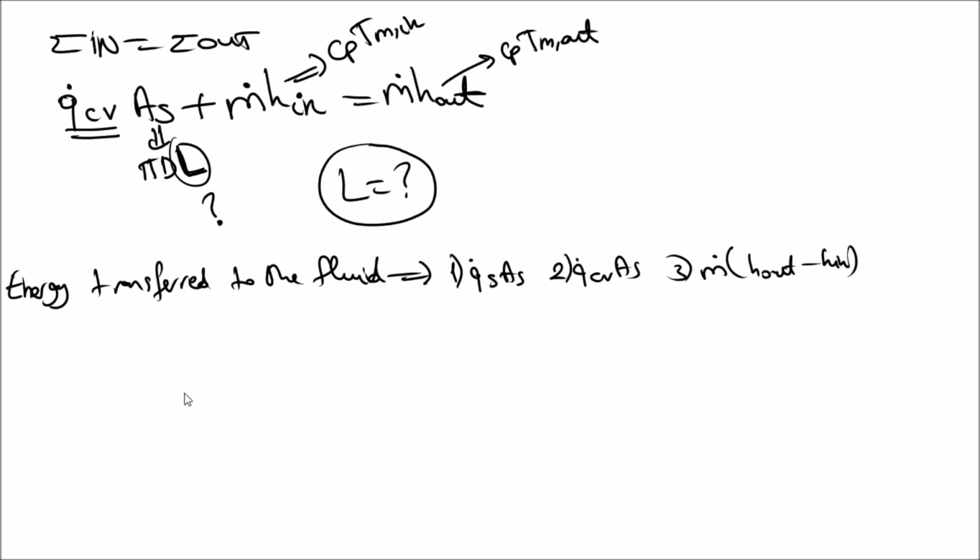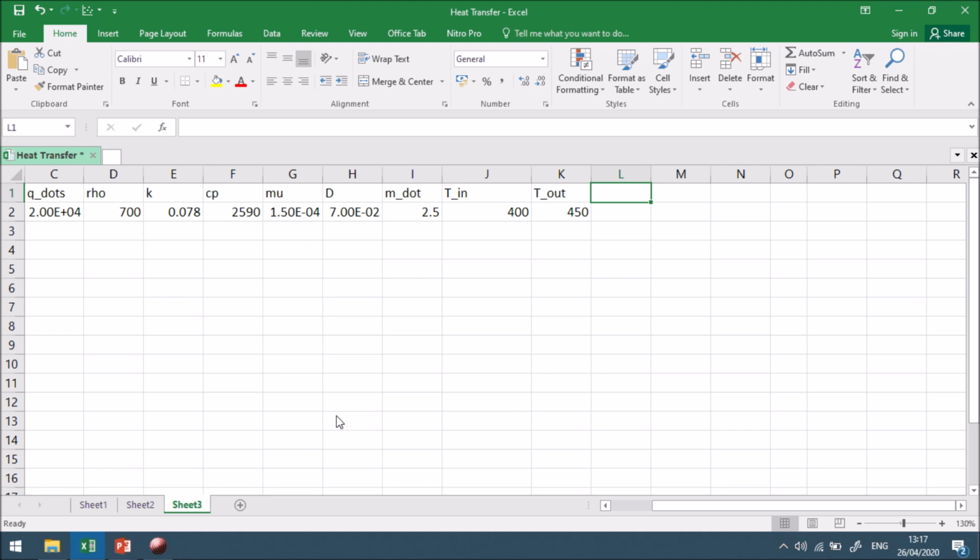So you will have L equal to m dot enthalpy out minus m dot enthalpy in, divided by Q dot CV into pi d. Okay, let's write it. So first the enthalpy in will be m dot, which is here 2.5, into Cp and into temperature at inlet.